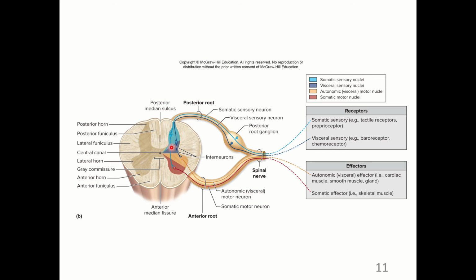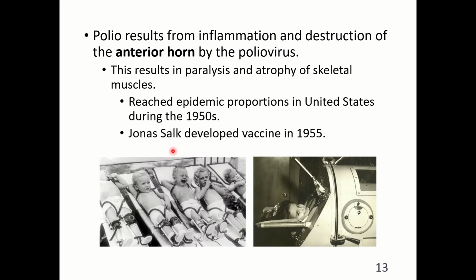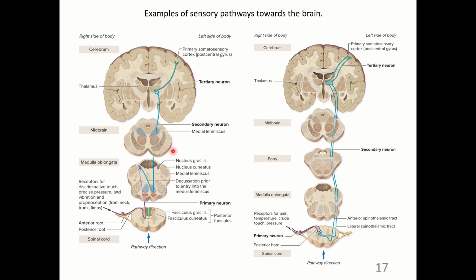You also see the interneurons, which will begin the second order pathway, and they will travel all the way up to the thalamus. Recall that the thalamus, pictured in this illustration, is the sensory operator of the brain.